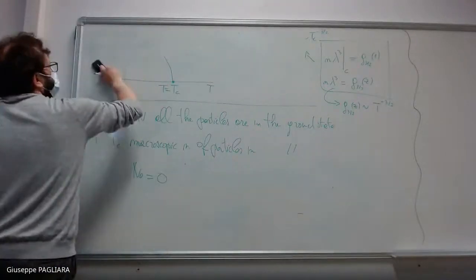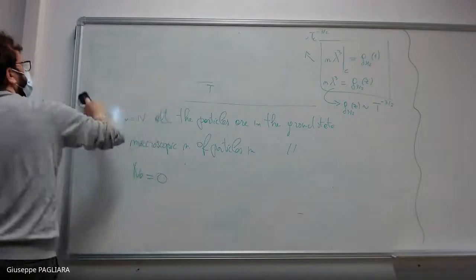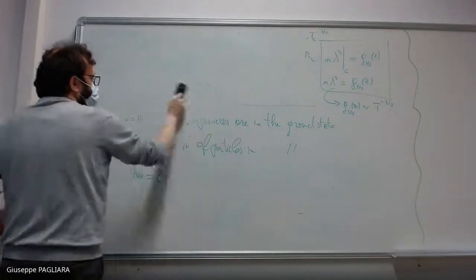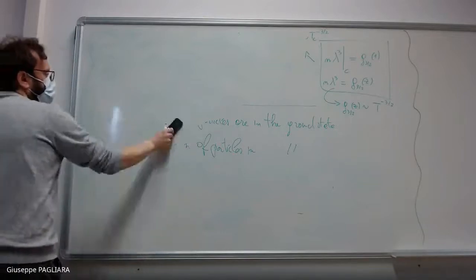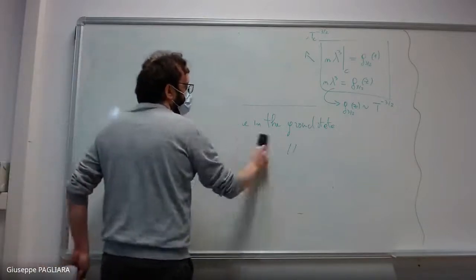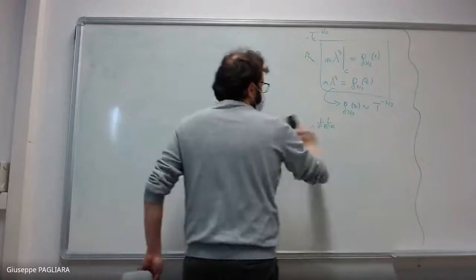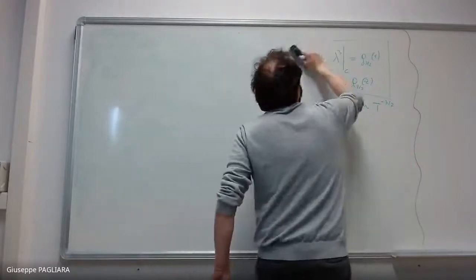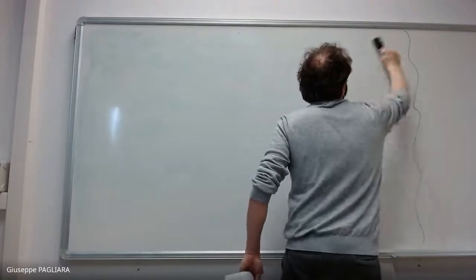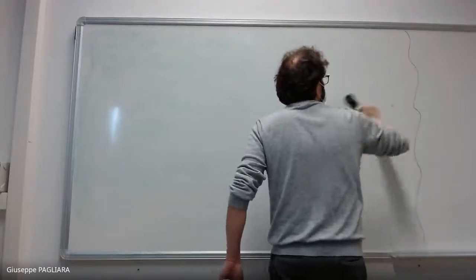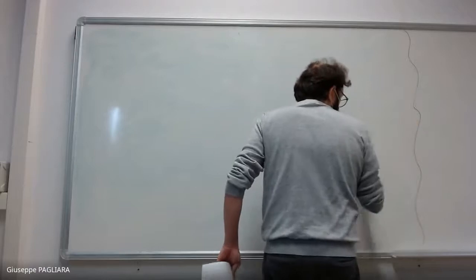Okay, good. Now let's start to characterize a little bit more the properties of the condensate. So here we saw how many particles are in the condensate as a function of the temperature. Now let's try to see which is the behavior for what concerns the equation of state when we are in presence of a Bose-Einstein condensate.